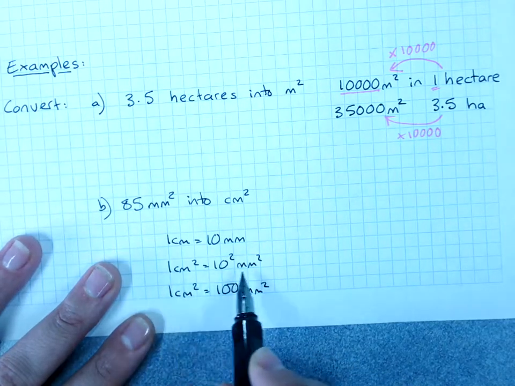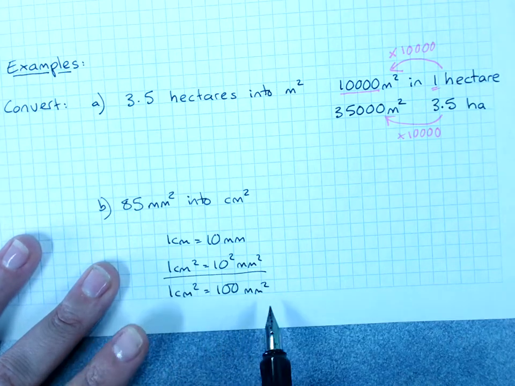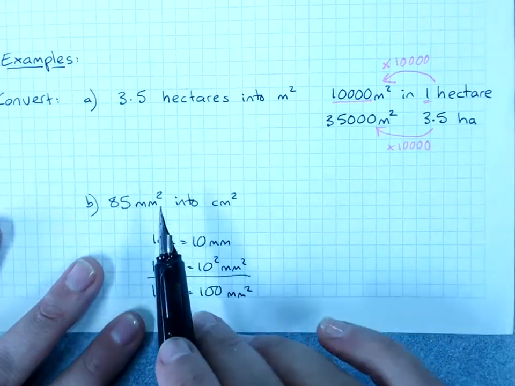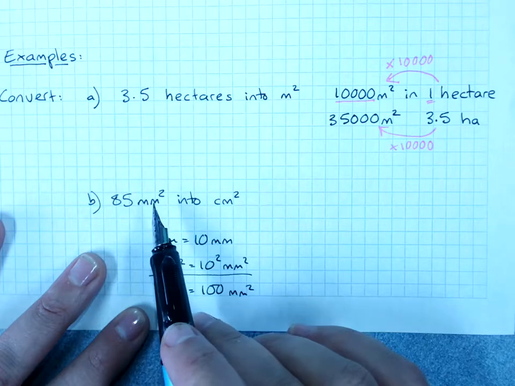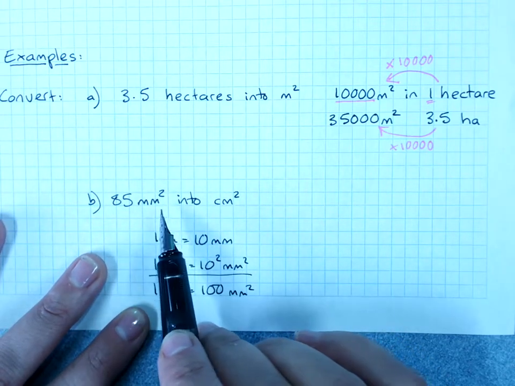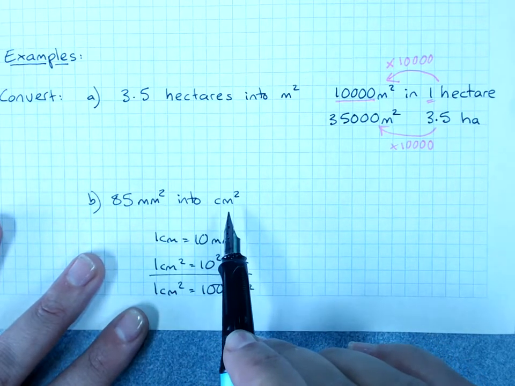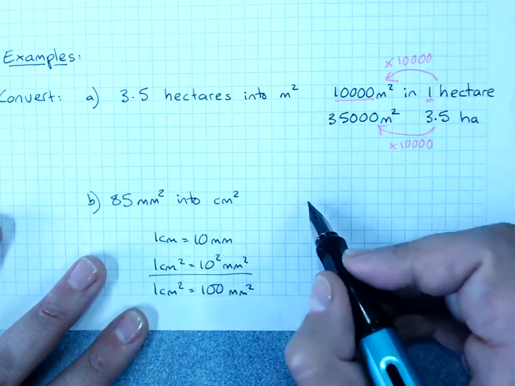You don't need to show this line of working if you don't want, but you do need to get your conversion factor. Then, of course, you can ask yourself, I'm going from millimeters squared into centimeters squared. A smaller unit, so there'll be a lot more of them, into a larger unit. There'll be a lot fewer of them. I will be dividing.